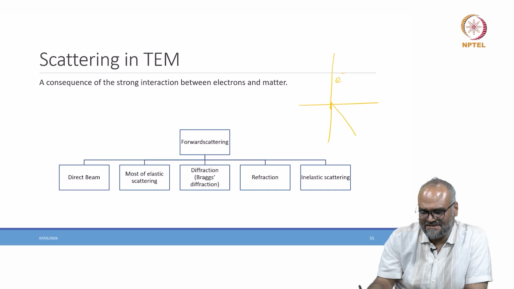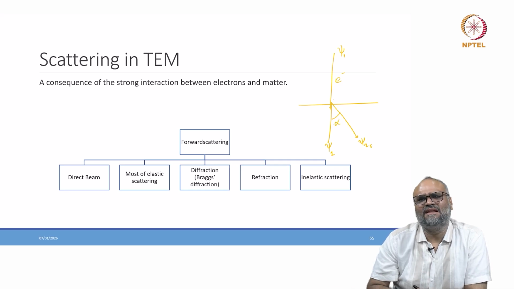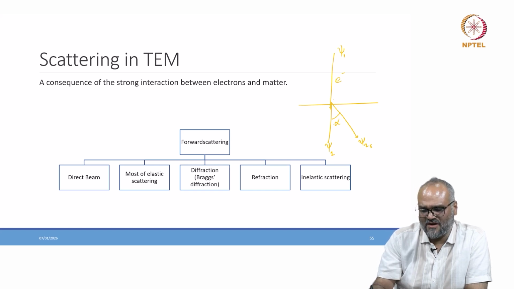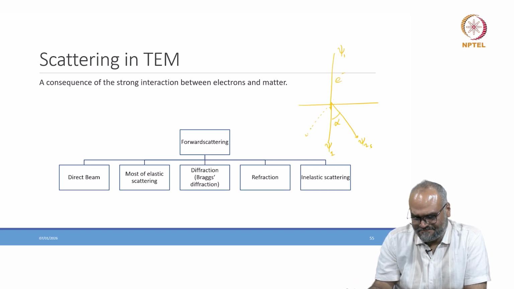If the signal is generated like this, let us say this is from the incident beam, and let me call this psi 1 and this is psi 2. I can define an angle of scatter alpha here. It is typically a semi-angle. When I wrote this psi 2, there would be a complementary psi 2 prime here as well. I am only looking at one half of this.